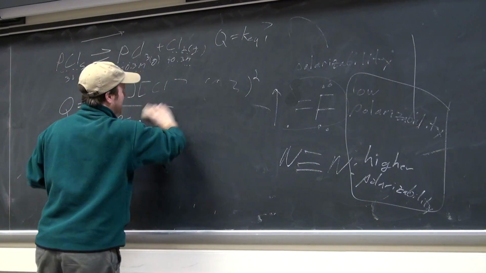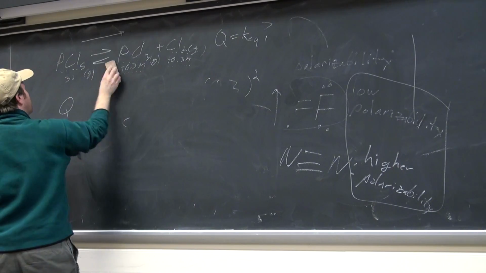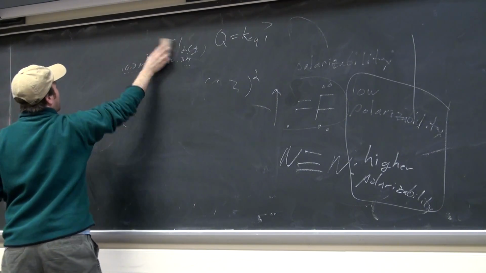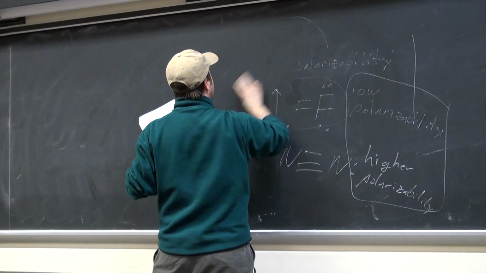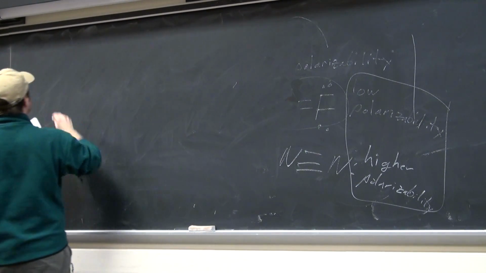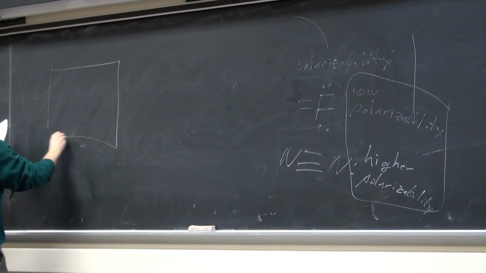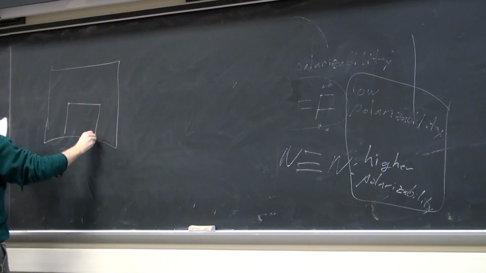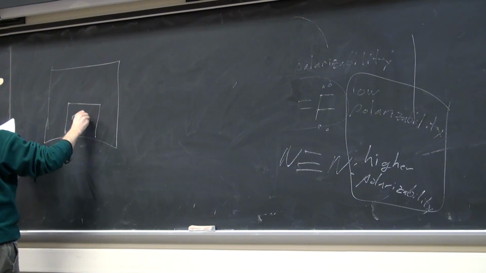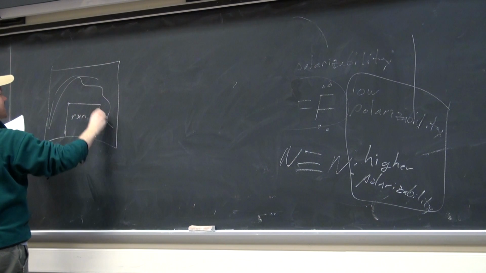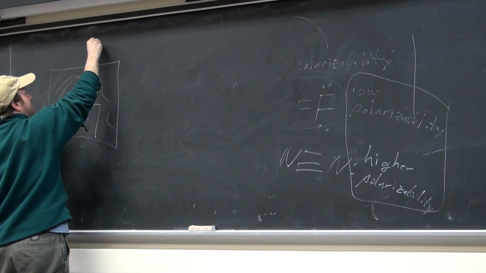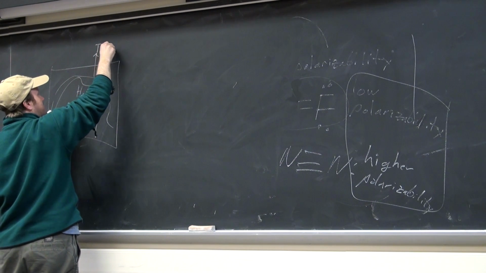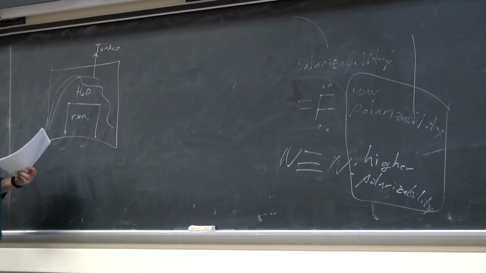Here's a good question. First we need to know what a calorimeter is. A calorimeter has some sort of reaction chamber, and it's usually got some sort of water, and we're going to measure the temperature of the water.